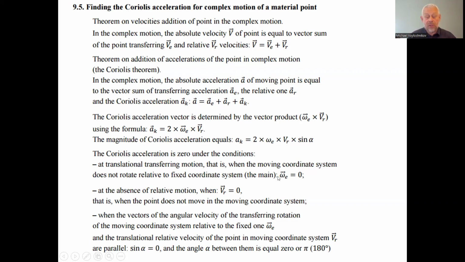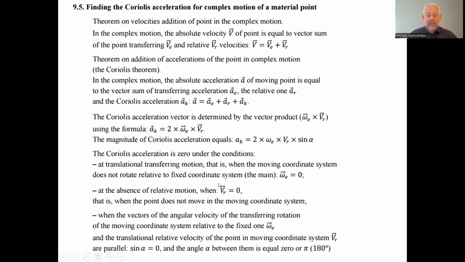What does equality to 0 of the transfer angular velocity mean? That means that the moving coordinate system does not rotate in the fixed coordinate system.